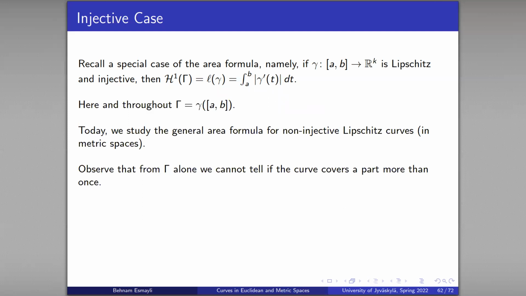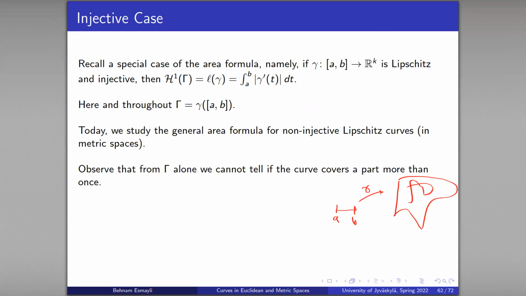Here already I'm abusing this terminology curve to refer to both the parameterization, the map from [a,b] into the metric space, and at the same time, the capital gamma, the image of the curve. This is very common terminology, the common abuse, in fact, that curves can be referred to both.